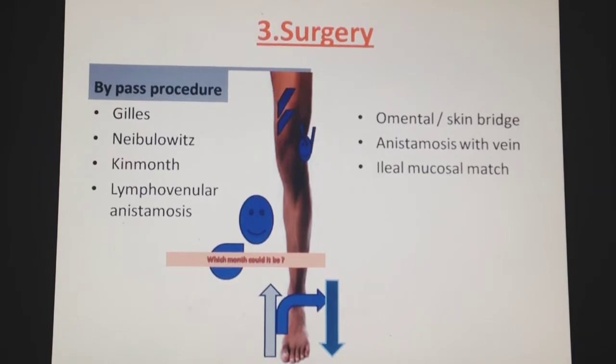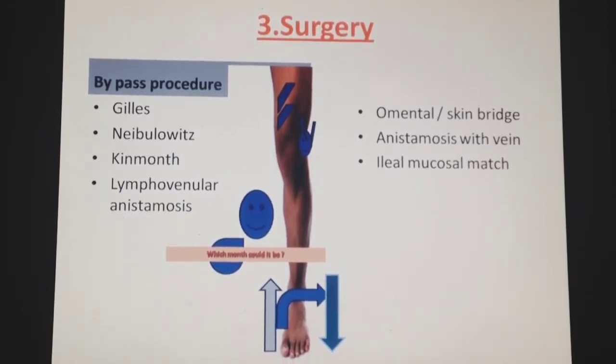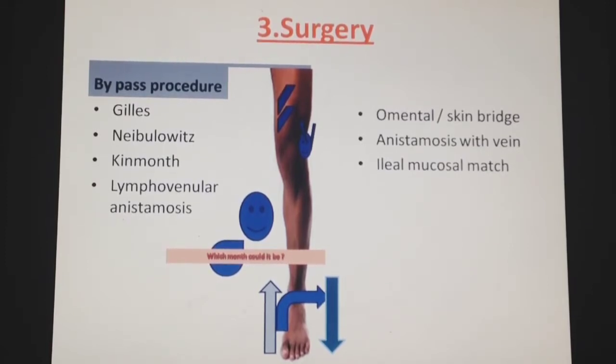Our third treatment is through surgery. If all of the medical treatment and the swelling control treatment stop working, we can tell the patient to undergo surgery. In this, the first procedure is the bypass procedure. The bypass procedure is further divided into four procedures known as the Gilles procedure, Nebula Wurtz, Kinmonth, and lymphovenular.